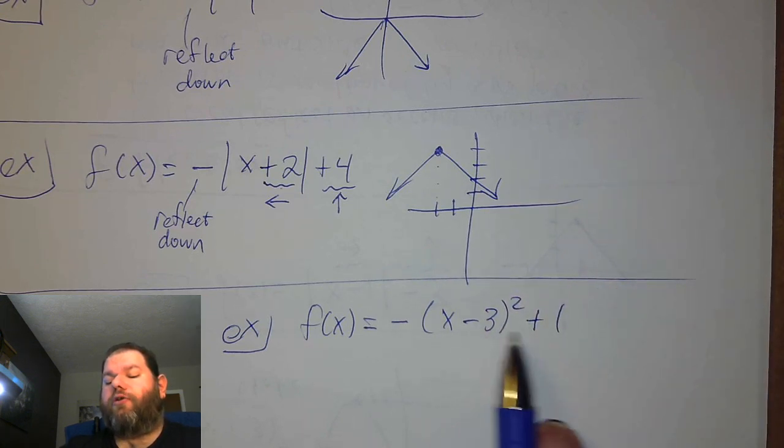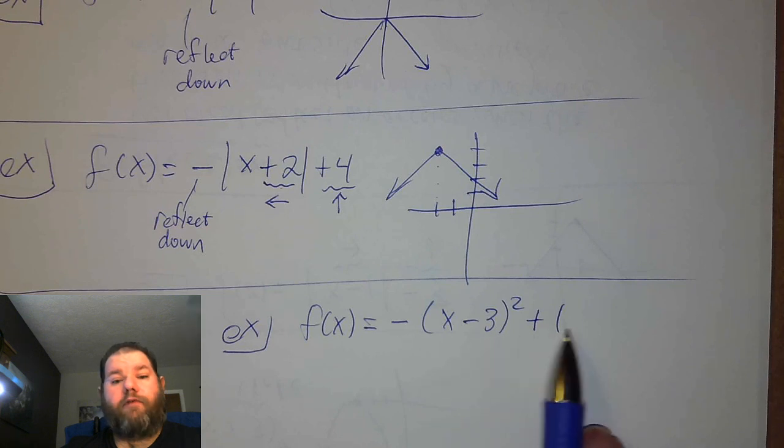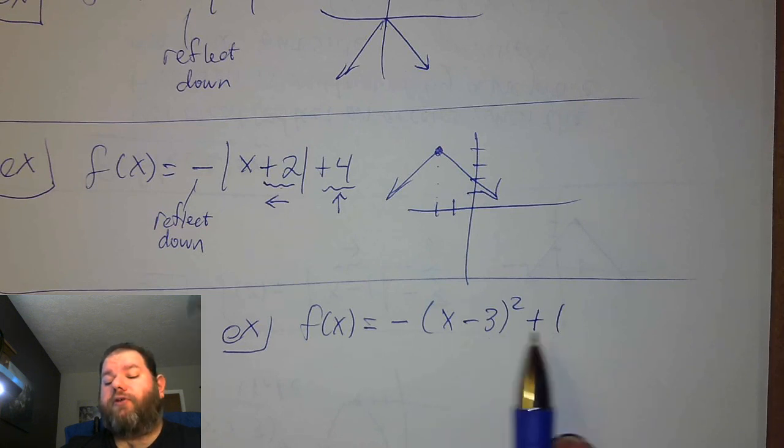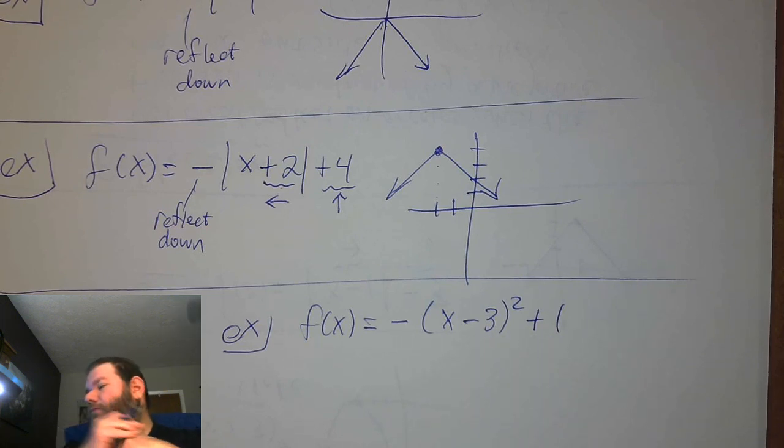What about the two horizontal and vertical shifts here? Which directions do these go? Right and up.